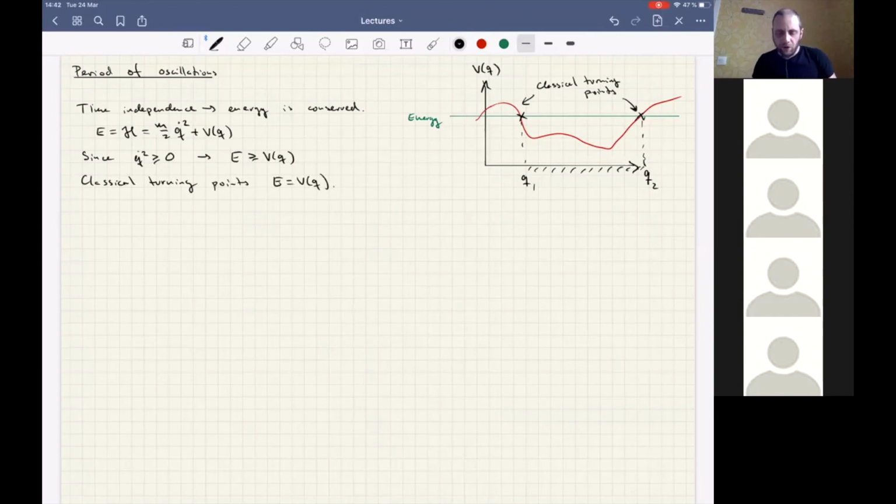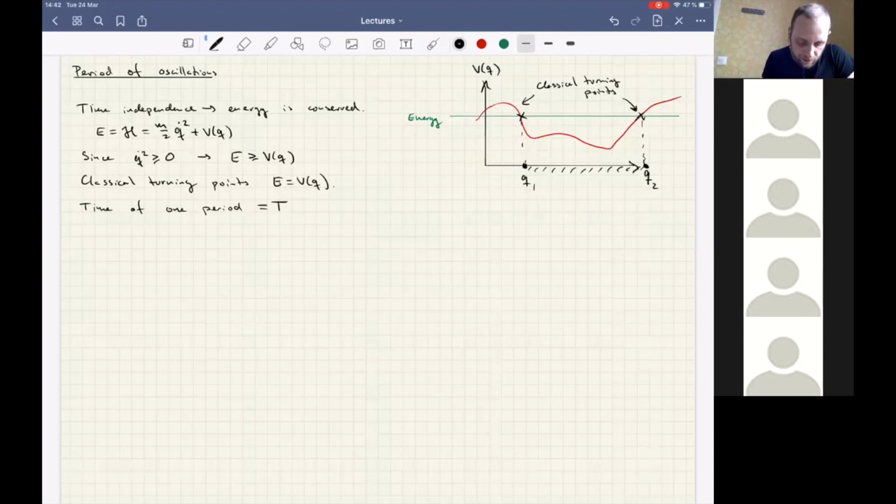Now, if I want to know how long it takes to go from one of the turning points to the other, essentially what I want to do is to compute the integral of dt between those points. So, let's say I want to go back and forth. Let's call the time of one period T. That means that I have to go back and forth from q1 to q2 and back again.